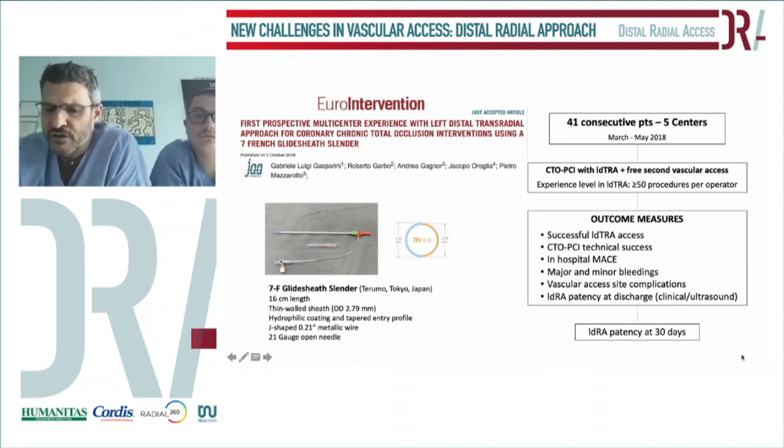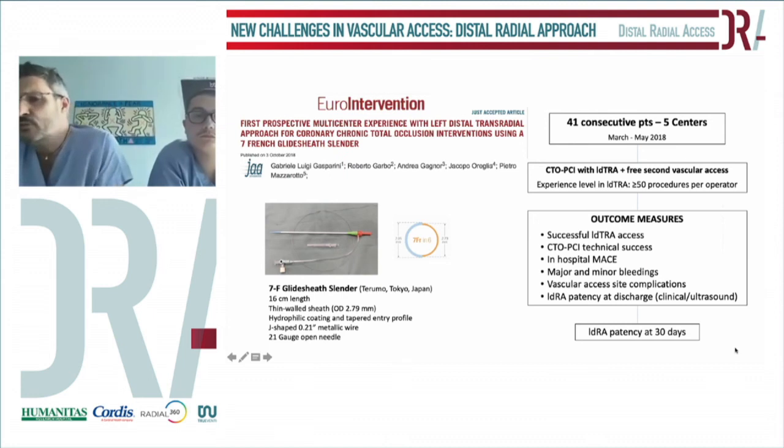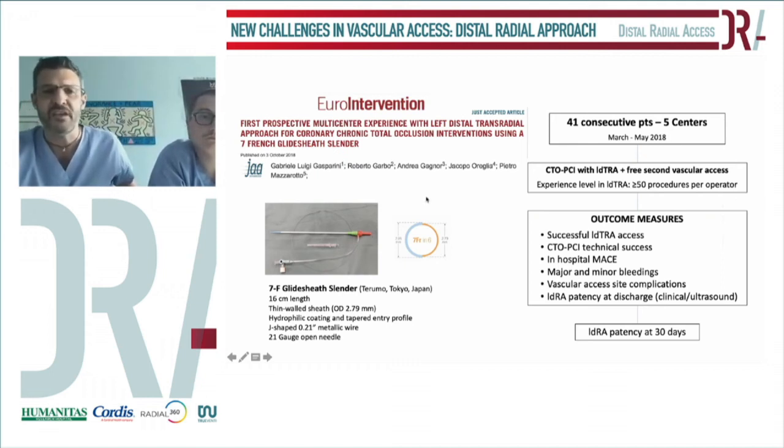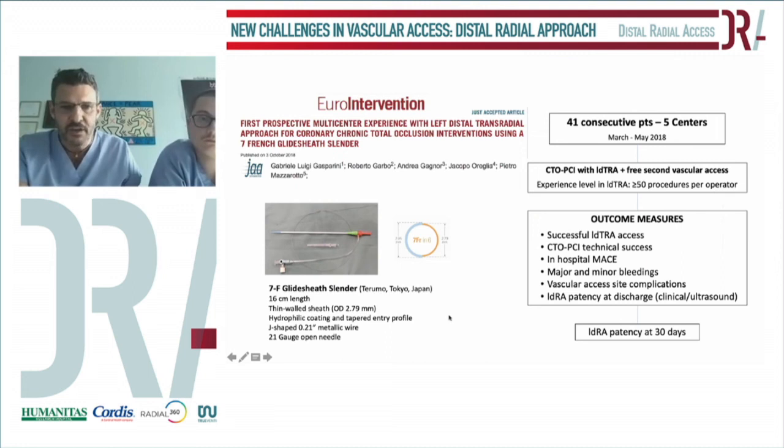at discharge. This was due to the diameter of the 7-in-6 French: both if we use the Glidesheath Slender or the Rad sheath introducer from Cordis, the diameter is very similar, about 2.79 or 2.8, so it's bigger than the distal radial artery diameter. So we would like to evaluate the patency.